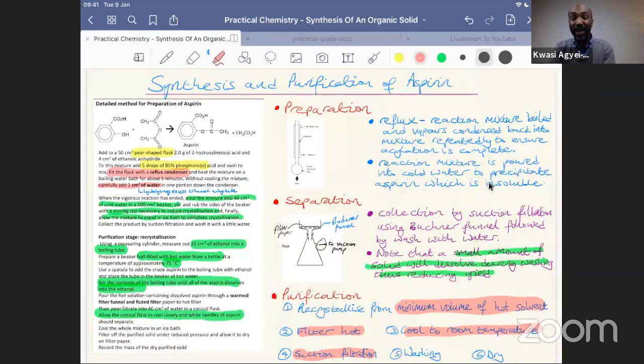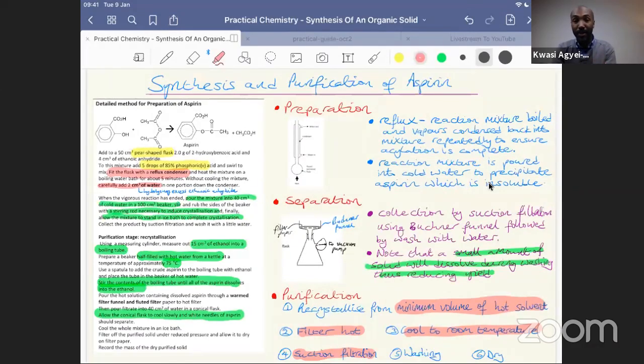And another point to make at this stage is that you will inevitably have some of your solid remaining in solution. Not all the solid product will recrystallize out of solution. So that's another point where yield is lowered. Okay, so recrystallization leads to a lowering of the yield. Okay, so some of your solid will remain dissolved.